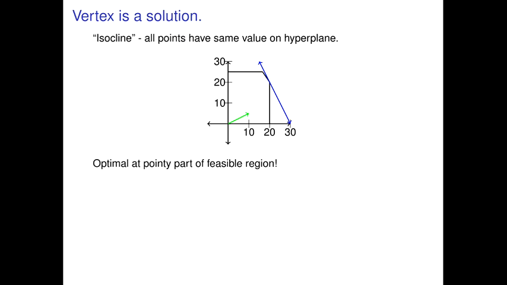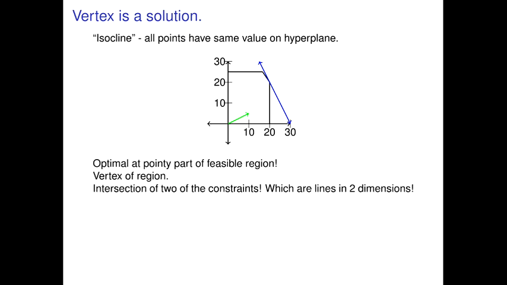We draw the line for that inequality, and we say we're on one side, which is a line in 2 dimensions. So this pointy part here is the intersection of 2 lines. It's called a vertex of the region. It's the intersection of 2 of the constraints, because in 2 dimensions these are lines. So that's what I'm calling a vertex: the intersection of 2 lines that bound the region.